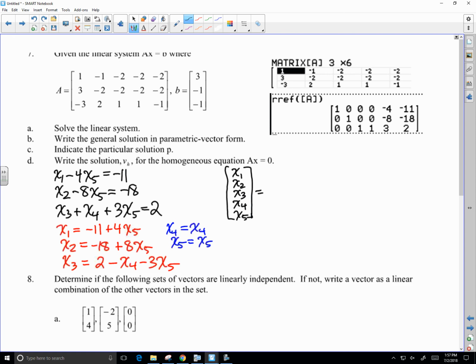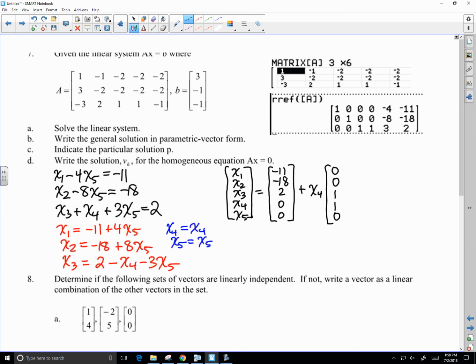So we're looking at negative 11, negative 18, 2, 0, 0. Plus we have our x sub 4 coefficient of 0, 0, 1, 1, 0.